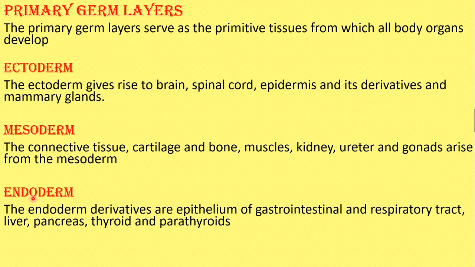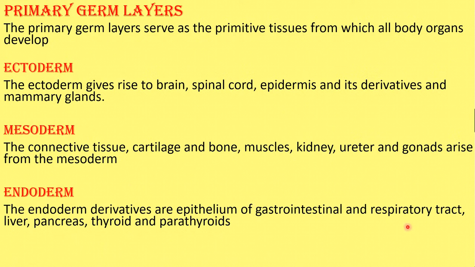Endodermal cells develop into organs such as the gastrointestinal tract. Gastro means stomach. Intestine, that is small and large intestine, respiratory tract, liver, pancreas, and thyroid and parathyroid glands, which are endocrine glands, also develop from the endodermal cells.